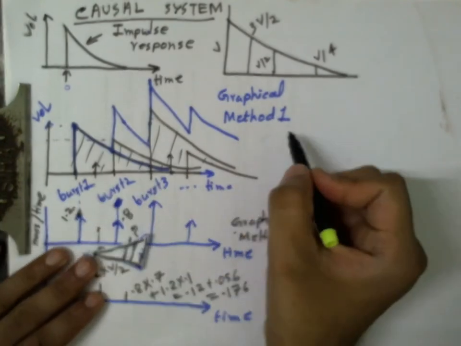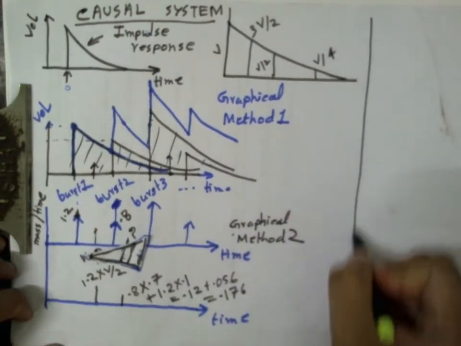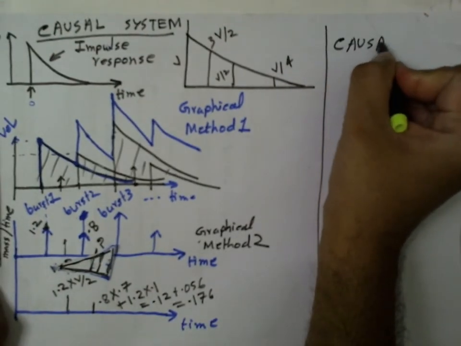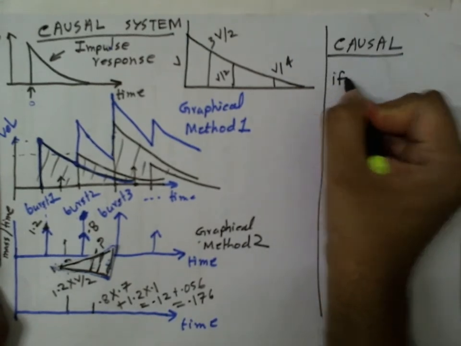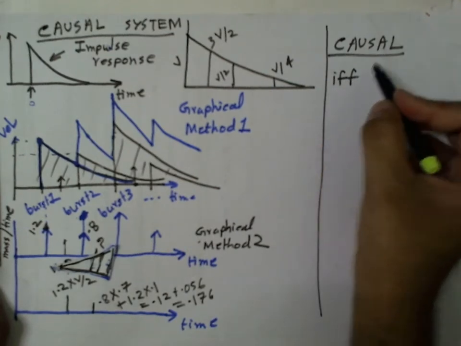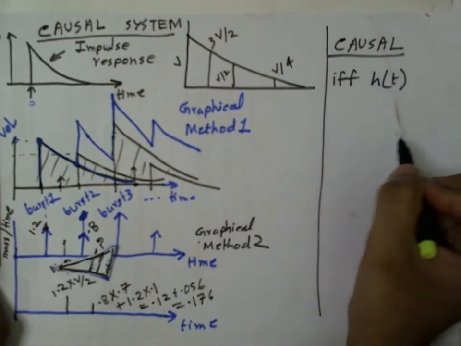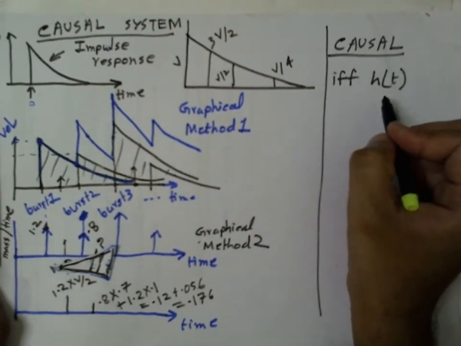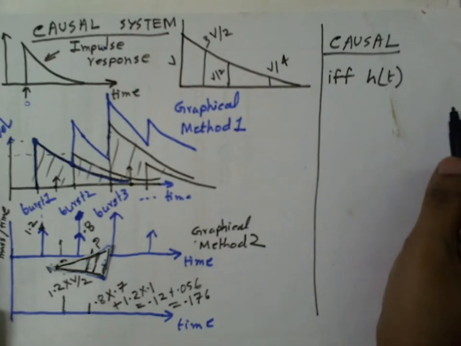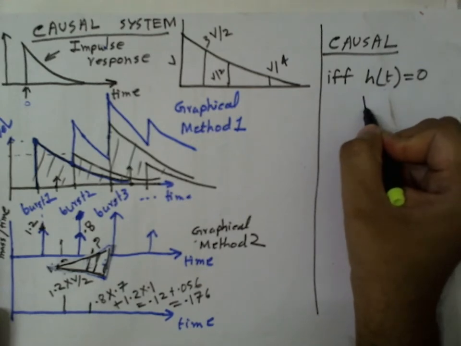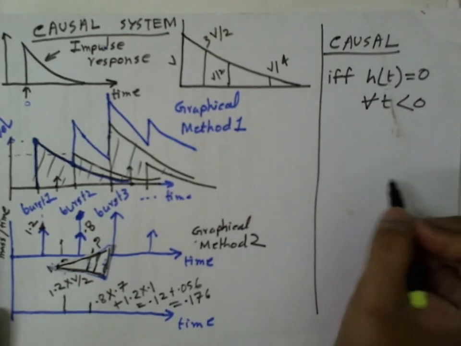So we define it mathematically like this: a system is said to be causal if and only if h of t, you may recall that h is the symbol for impulse response, as it is commonly used in electrical engineering and control systems, is equal to 0 for all t less than 0.